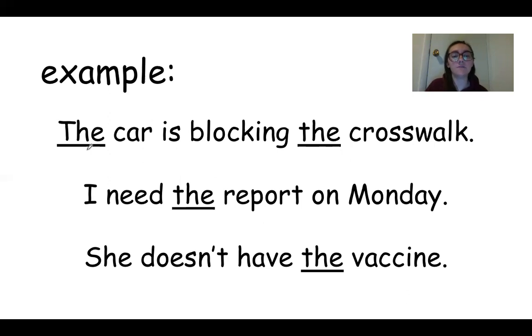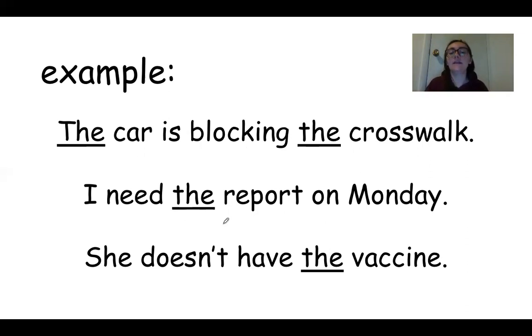If you said cars blocking the crosswalk, people would be like, car? Like how many cars? Which car? So you say the car because you're talking about something specific, right? Or if you say the crosswalk, it means you're talking about one crosswalk instead of all of the crosswalks. So the car is blocking the crosswalk.